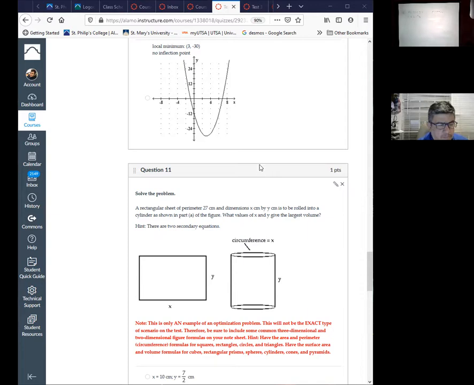So circumference is equal to x. What is the formula for circumference? 2 pi r. Yeah, circumference is equal to 2 pi r, which is equal to x, right? Okay.